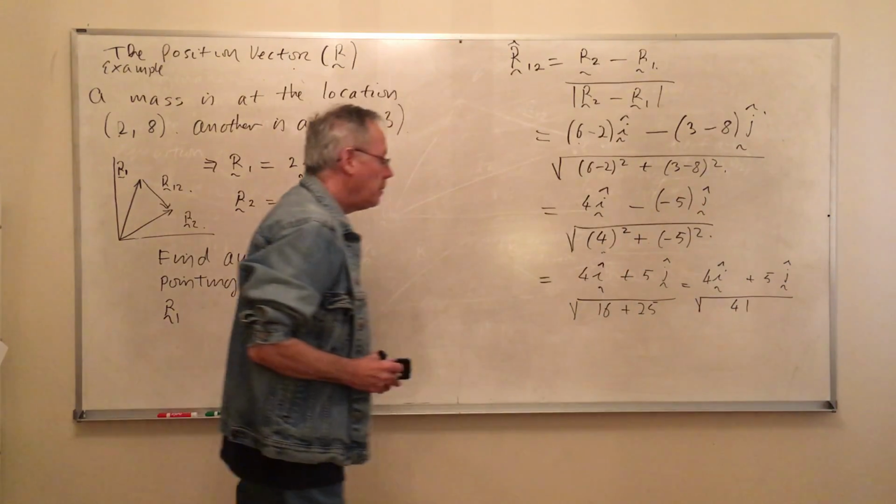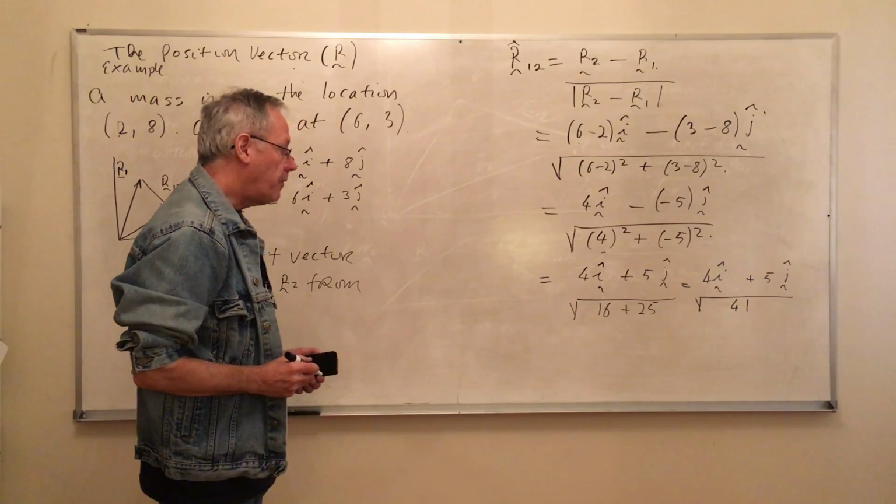And I get 4i minus 5j over the square root of 41.